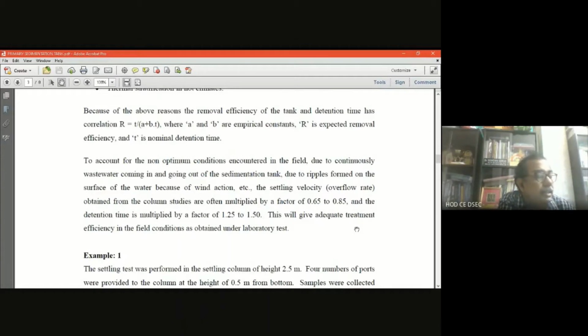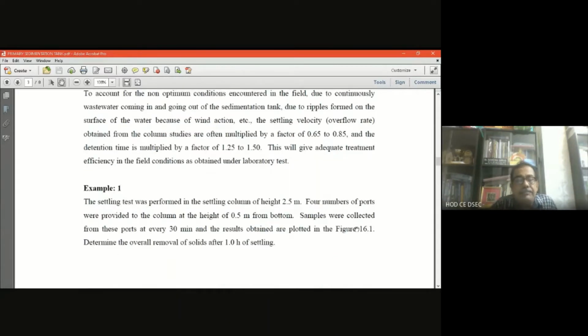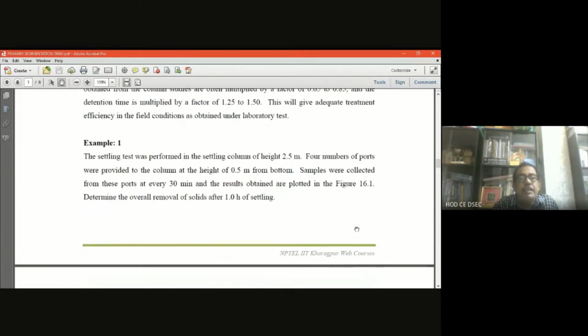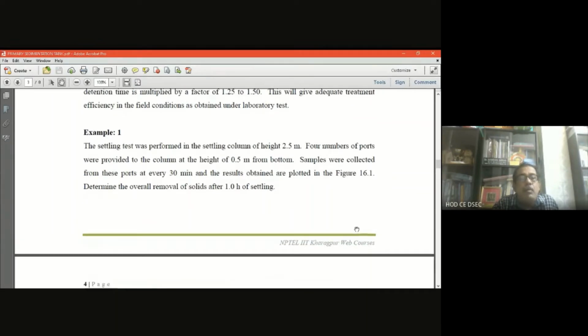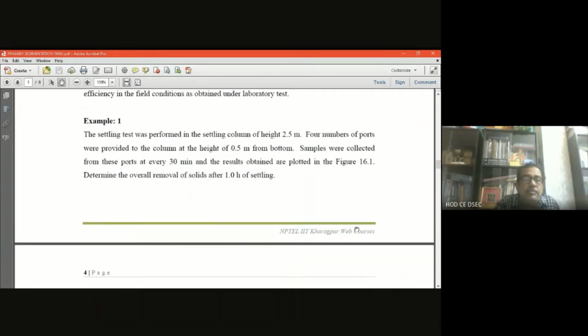Now let me solve one numerical problem. Then it will be very clear how the laboratory column study of the settling characteristics of wastewater takes place. One example I am citing: a settling test was performed in a settling column of height 2.5 meter, it is given.